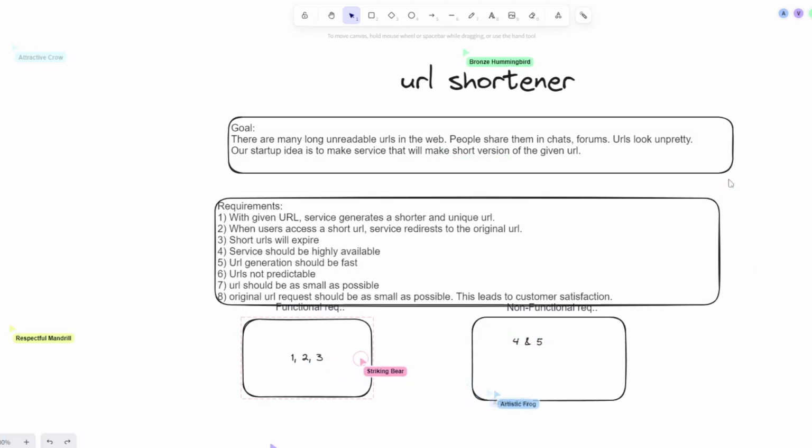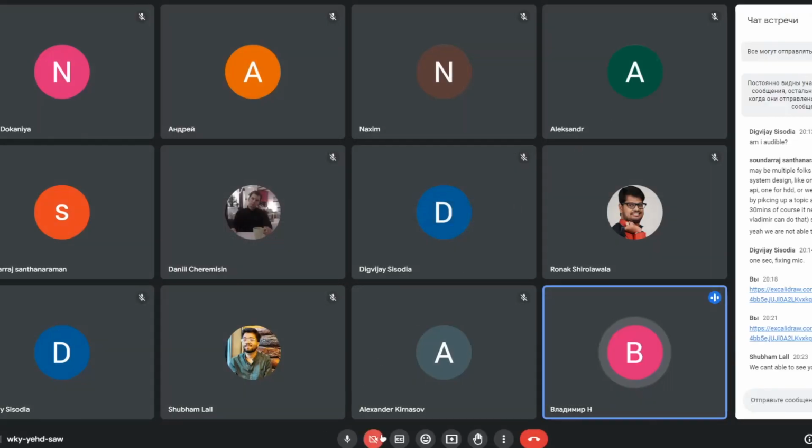Yes, first one, we have a long URL, we go to the service, and expect to receive a short URL. So there are 1 and 2. Yes, and 3 is about system service behavior, that the link will expire.